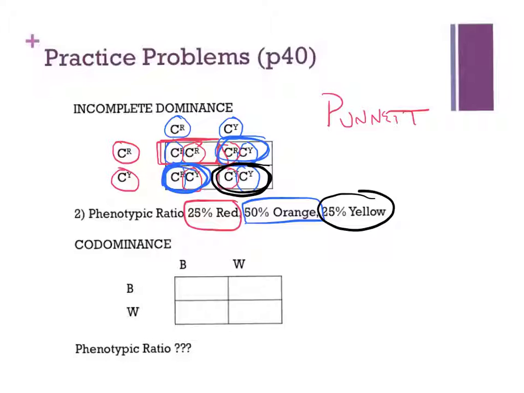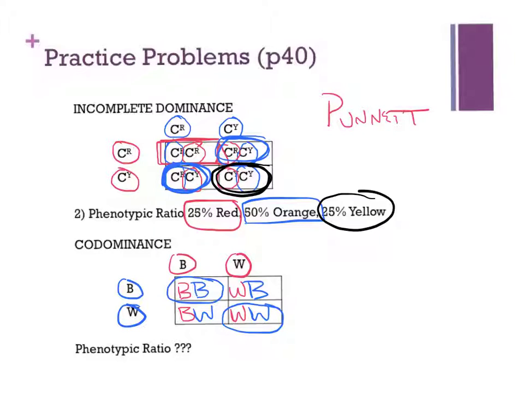So coming down from this parent, we get the B's, and then the W's here, and going across from this parent, we get the B's, and we get the W's here as well. So you have one that's blue, one that's white, and then the other two are going to be both blue and white.